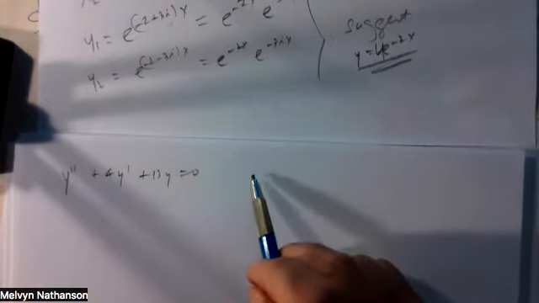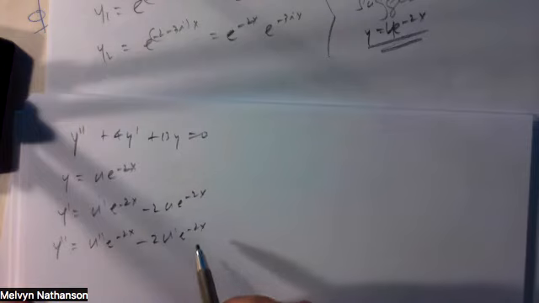So just to repeat, we have the differential equation y double prime plus 4y prime plus 13y equals 0. And we look for a solution of the form y equals u e to the minus 2x for some function u. And then y prime is u prime e to the minus 2x minus 2u e to the minus 2x.